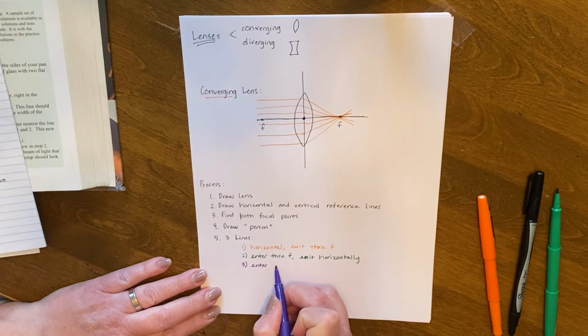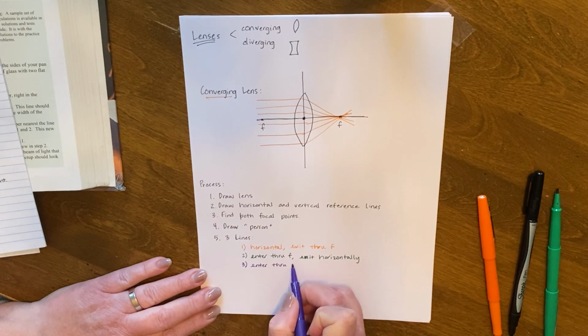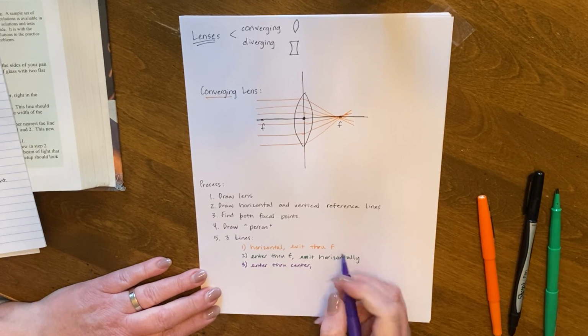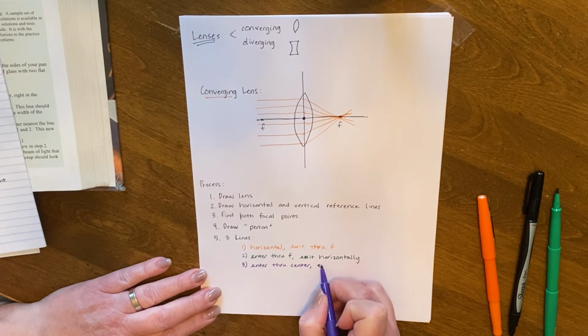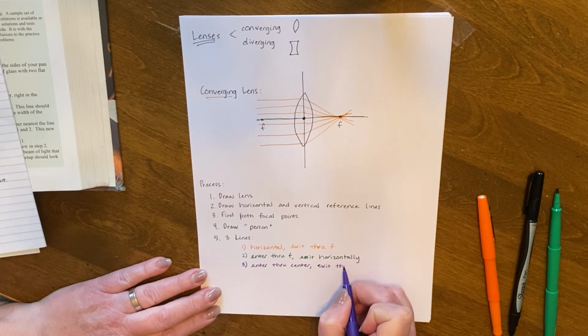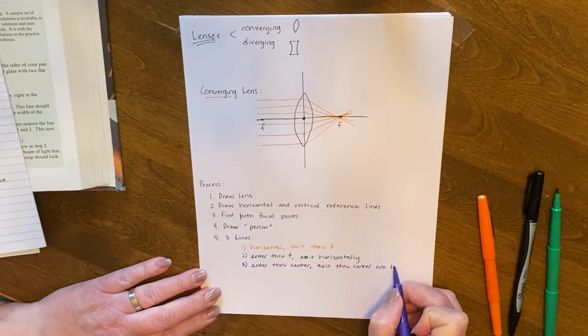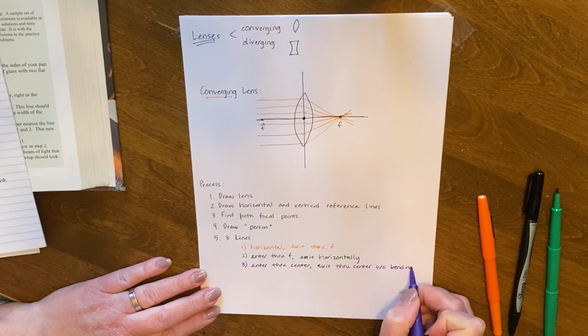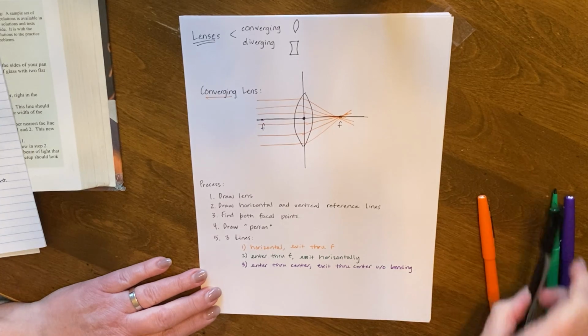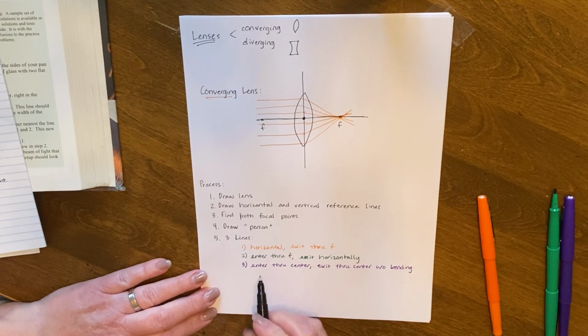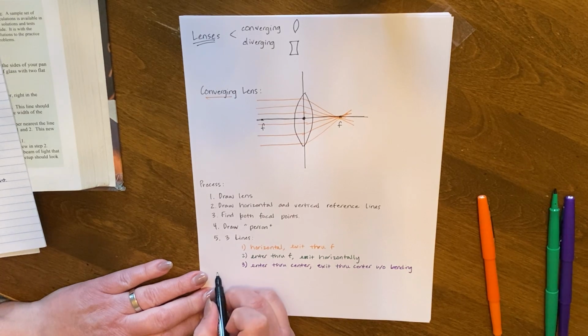It's going to enter through the center and not bend at all, and exit through the center. So we'll draw our 3 lines to help predict how our image will look.